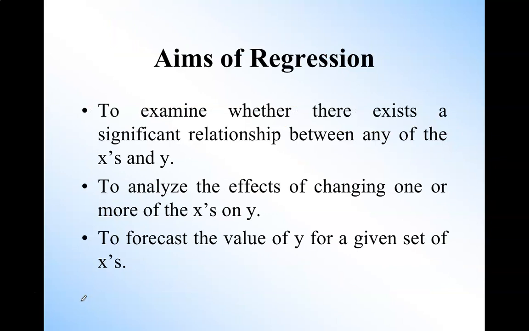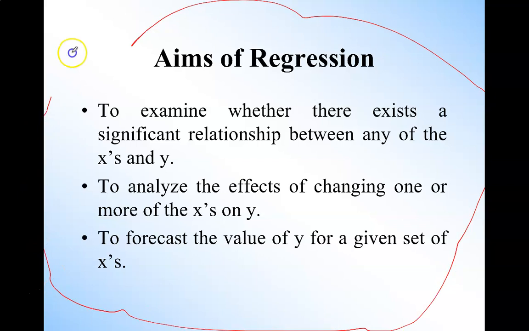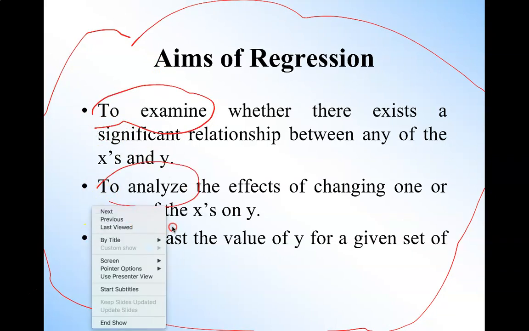So what's the aim of regression? This can be a very good objective of your study for this project, for this class, or for your FYP later. Why? You can always adopt this as part of your objective: to examine, to analyze, to forecast.